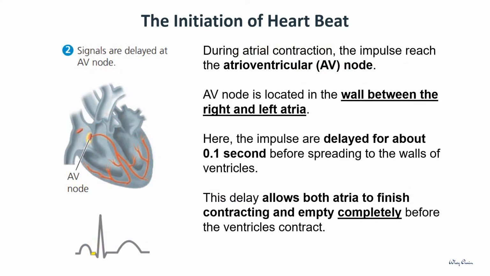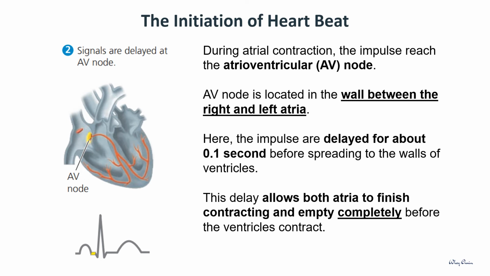While both the right and left atria are still contracting, the impulse reaches the atrioventricular node, or AV node, which is located in the wall between the right and left atria. Impulse adalah sejenis electrical signal, maka kelajuan dia merebak sangat cepat.